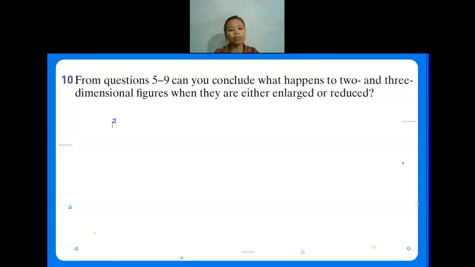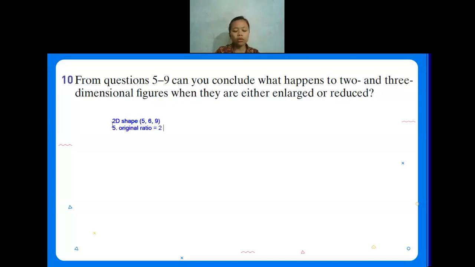Question 5, 6, and also question 9 are 2D shapes, right? Okay. Can you compare the original ratio and the ratio from their area? Like the ratio for the length, in question 5, the original ratio is, how many is it? Question 5 is 2 to 1.